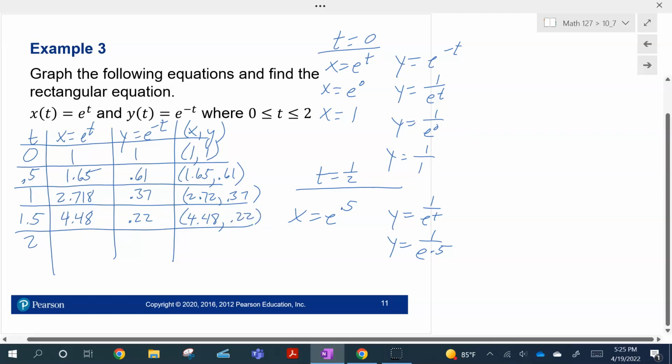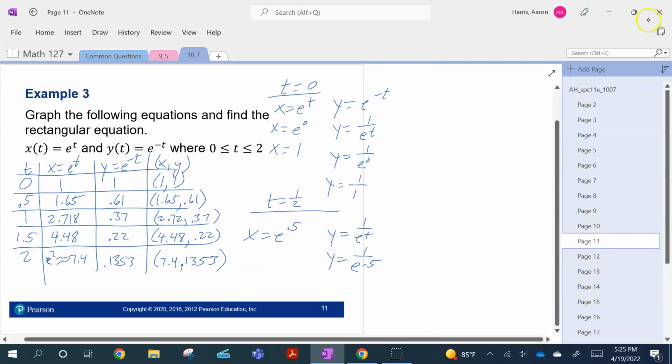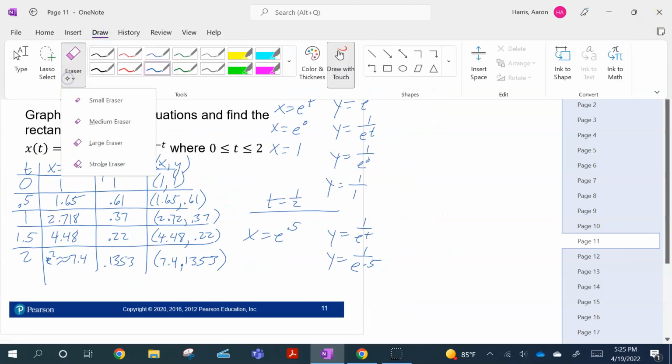And then e squared, the last one, is approximately 7.4. And 1 over e squared, so e to the negative 2, is 0.1353. So 7.4, 0.1353. Alright, let me get some room here to graph this thing.